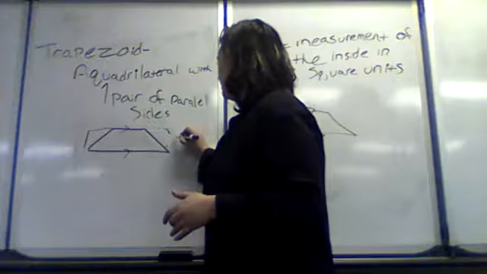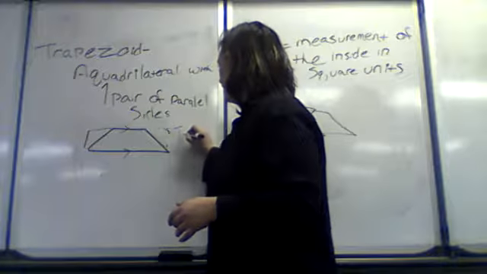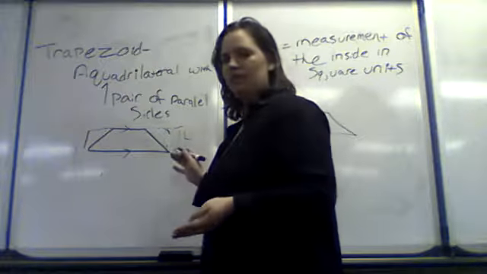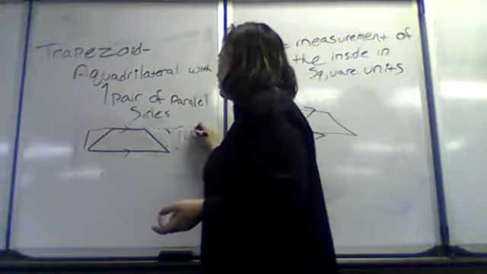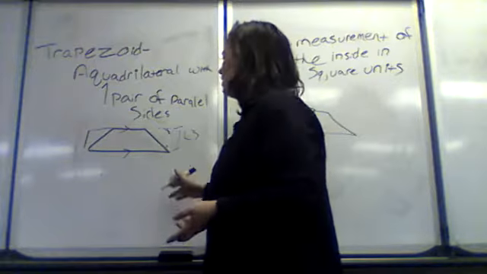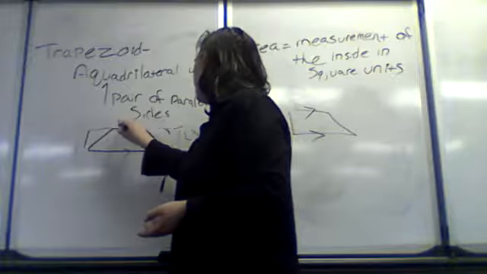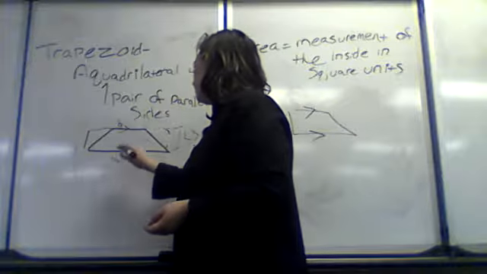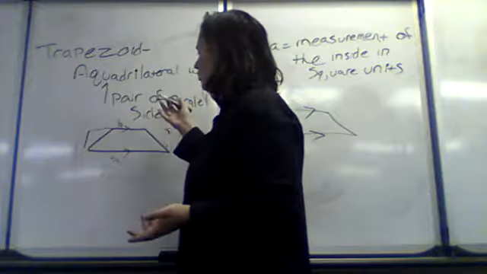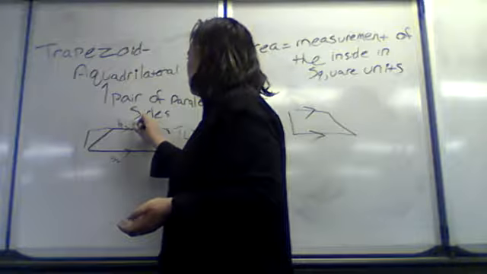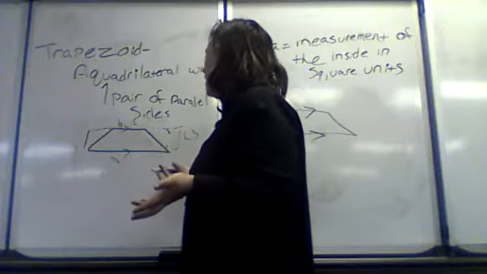So this here is going to be your height, and for the sake of argument, we're going to say you have a height of 3. And you're going to have your base 1 and your base 2 here, or vice versa. For this one, we're going to say we have a base 1 of 2 and a base 2 of 6.